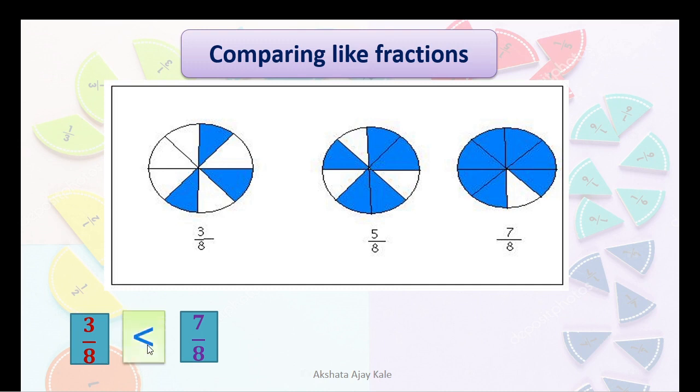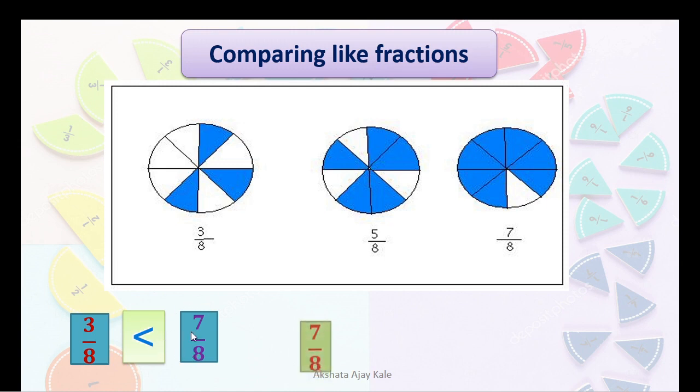Yes, 7 upon 8 is bigger. Very good. You know this symbol, right? Greater than. Correct? 7 upon 8 is greater than 3 upon 8. Otherwise, 3 upon 8 is smaller than 7 upon 8. See this crocodile mouth. It opens towards the greater number. Right?